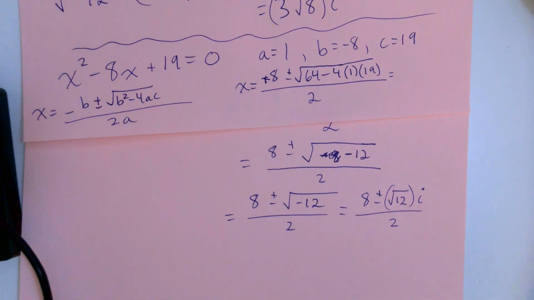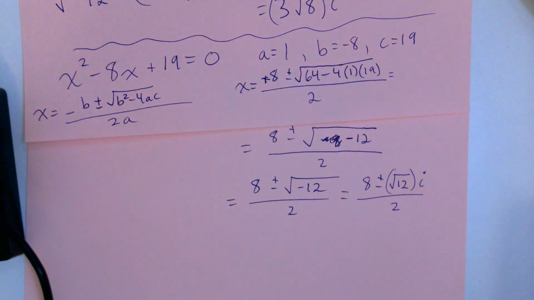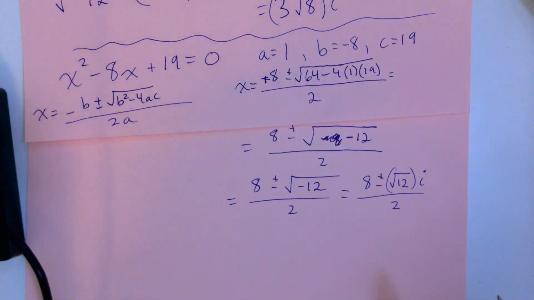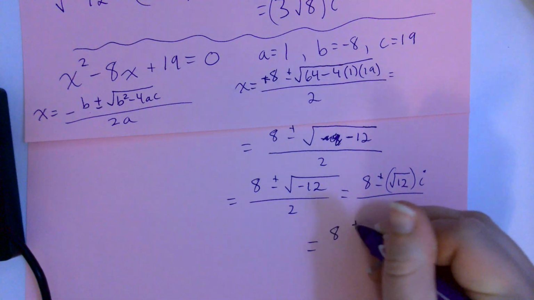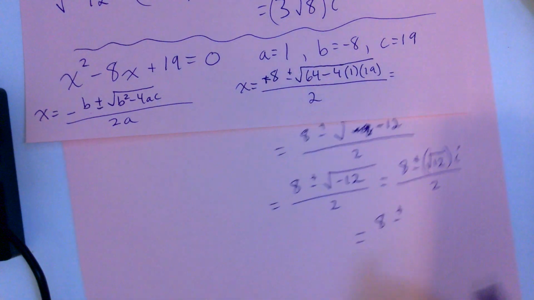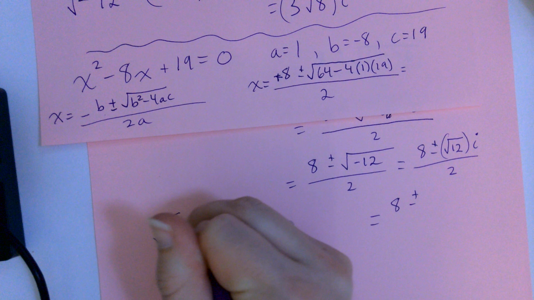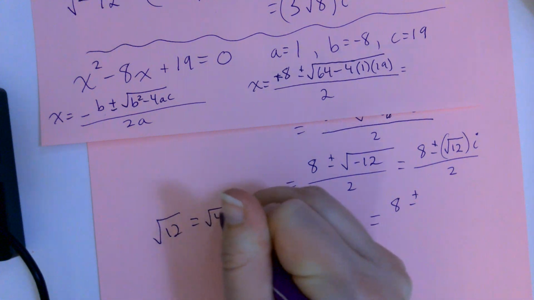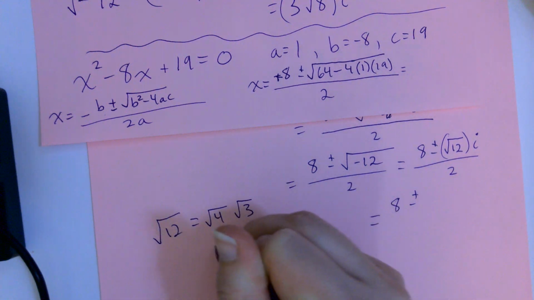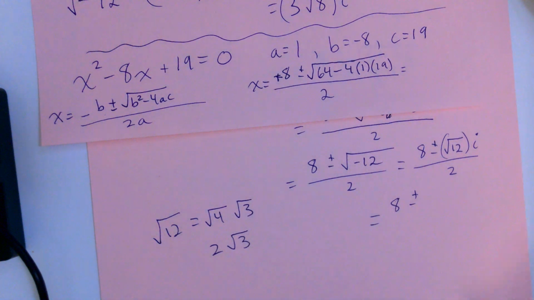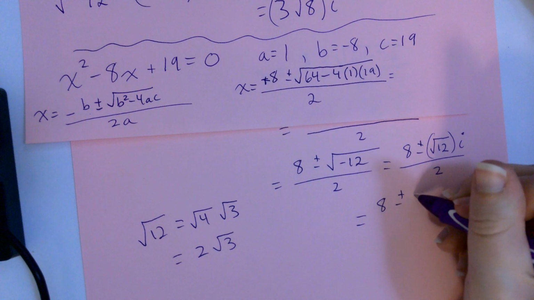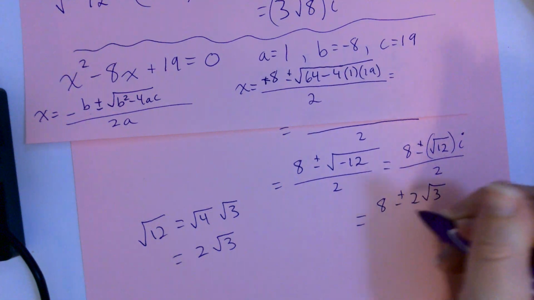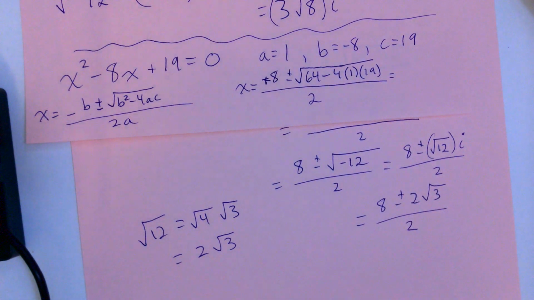And you actually can simplify the square root of 12. The square root of 12 can split up into the square root of 4 times the square root of 3, so 2 square roots of 3. So plus or minus 2 square roots of 3 i over 2.